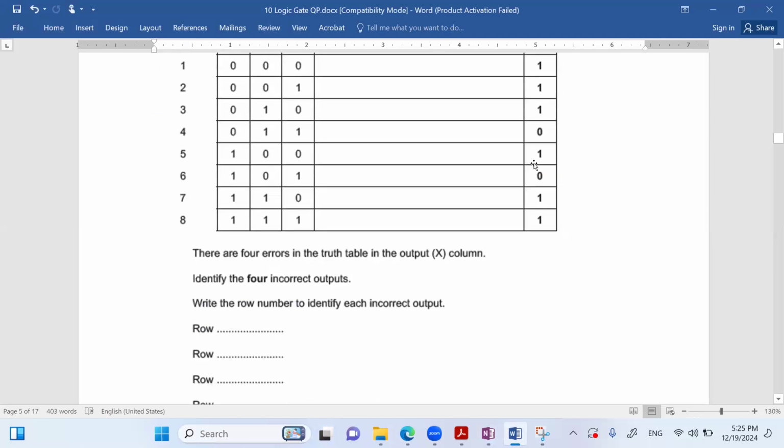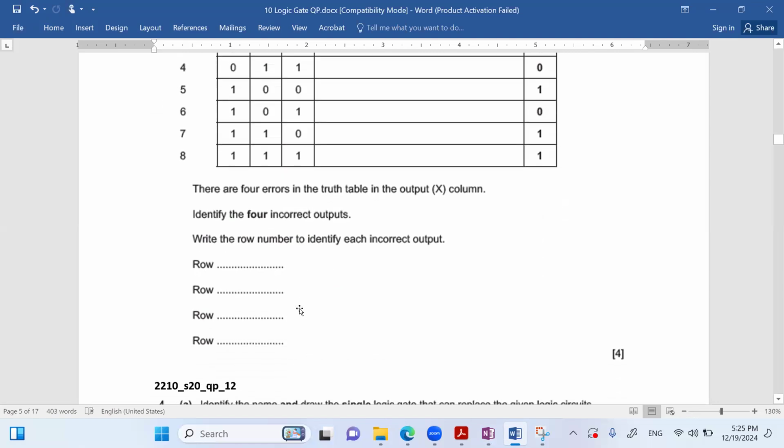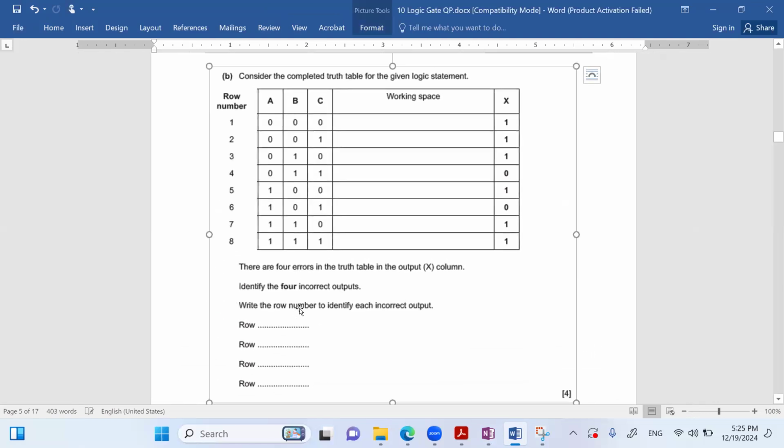But yes, the outputs are there. And they ask us, there are 4 errors in the truth table. In the output X column, identify the 4 incorrect outputs. We need to write the entire row as they have already given the rows, so we would have to solve the whole thing.